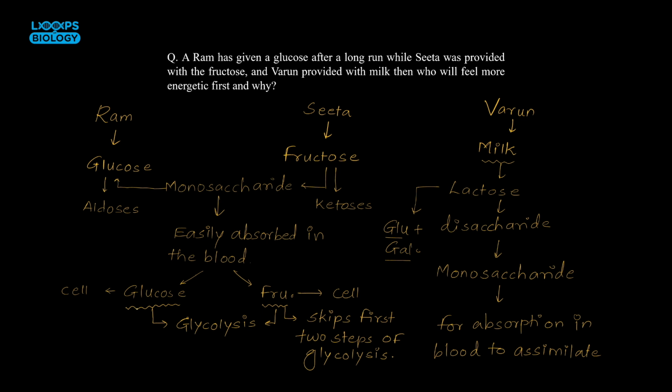The glucose starts from the initial step, step 1. That's why fructose is more preferred as a faster energy source whenever a particular athlete is running for a long time.